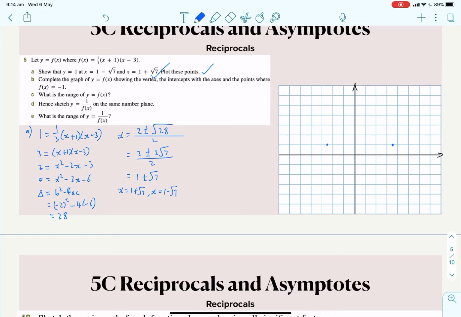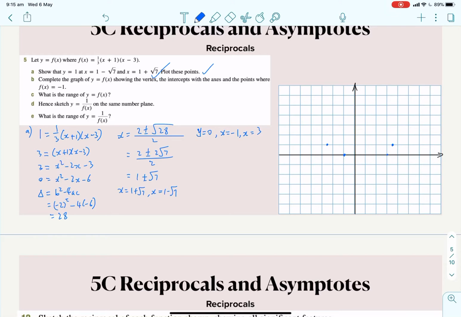Compare the graph. Show vertices, intercepts. Okay, well, there's some intercepts there. So when y equals 0, there's intercepts, which is x equals -1, x equals 3.